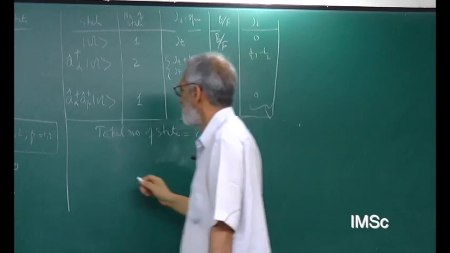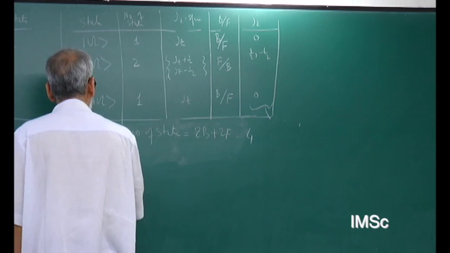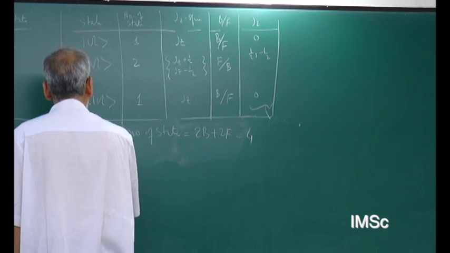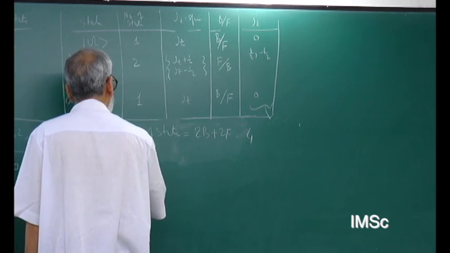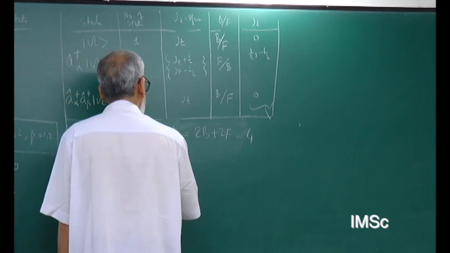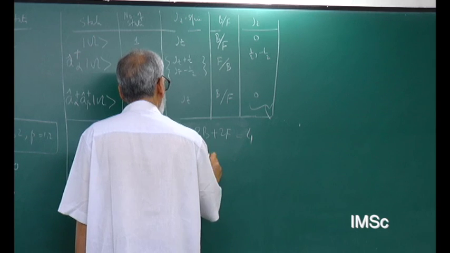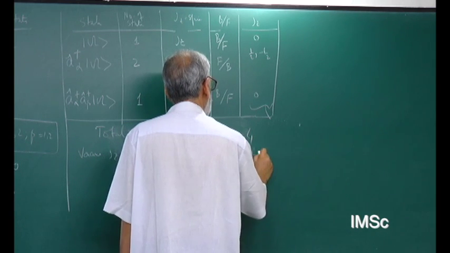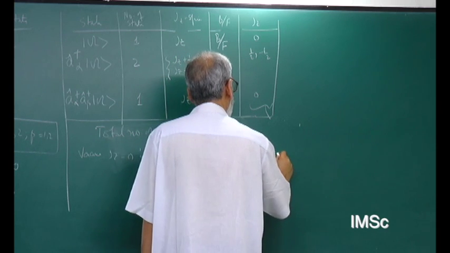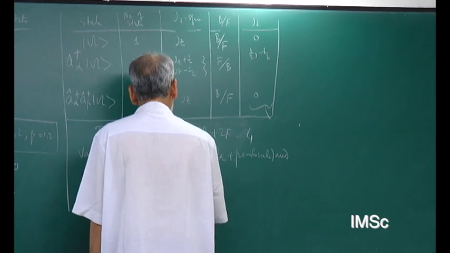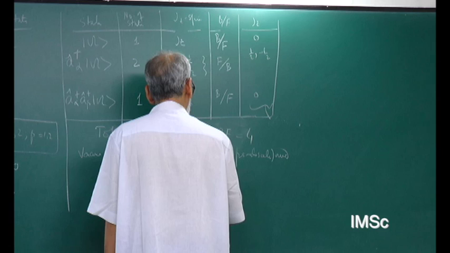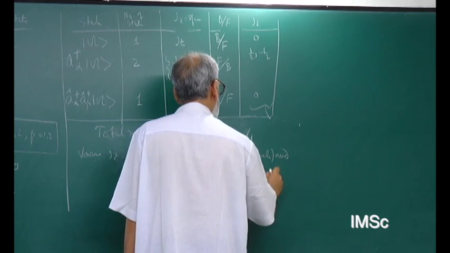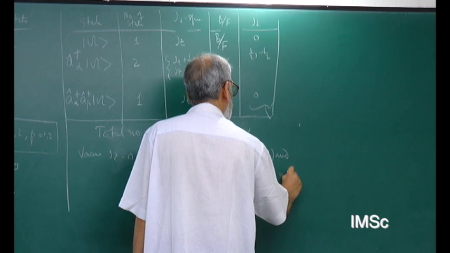So let me put it: minimum Jz value, or vacuum Jz value. Vacuum Jz value 0. It has 2 scalars. In fact, there is one scalar and one pseudo scalar, and one Majorana fermion with Jz values plus minus half.